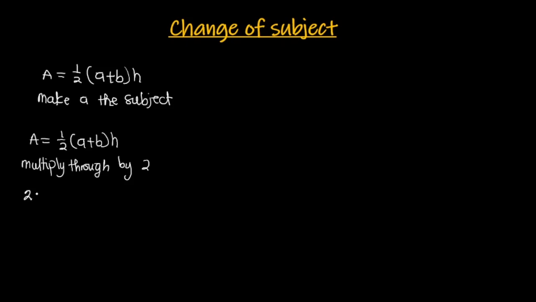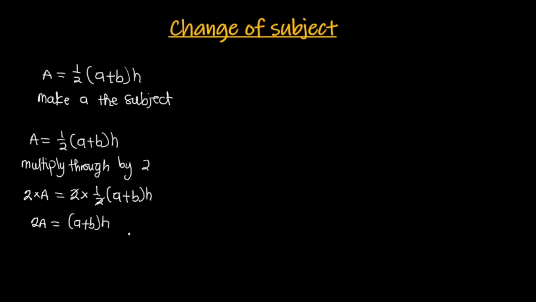So I have 2 multiplied by a will be equal to 2 multiplied by half into bracket a plus b, h. So 2 multiplied by a will give me 2a is equal to, this will cancel this, so I'm only left with (a plus b) h.